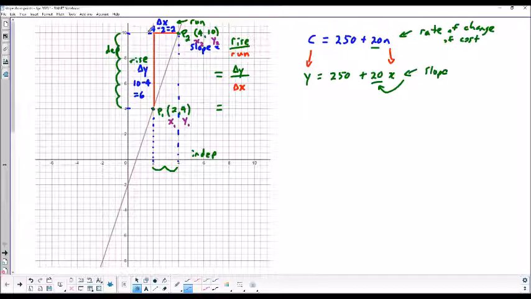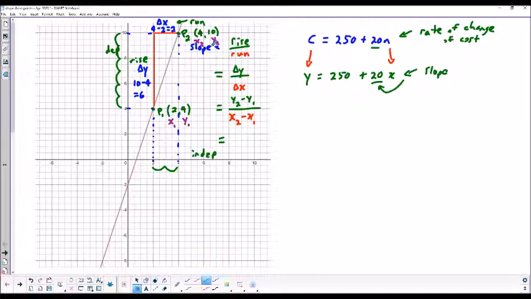Then the delta y, the change in y, would be the difference between y2 and y1. Keep in mind that the 2's and 1's are subscripts indicating which point they come from, and they're not exponents. The delta x is the difference between x2 and x1. So then we just have to substitute in those values.